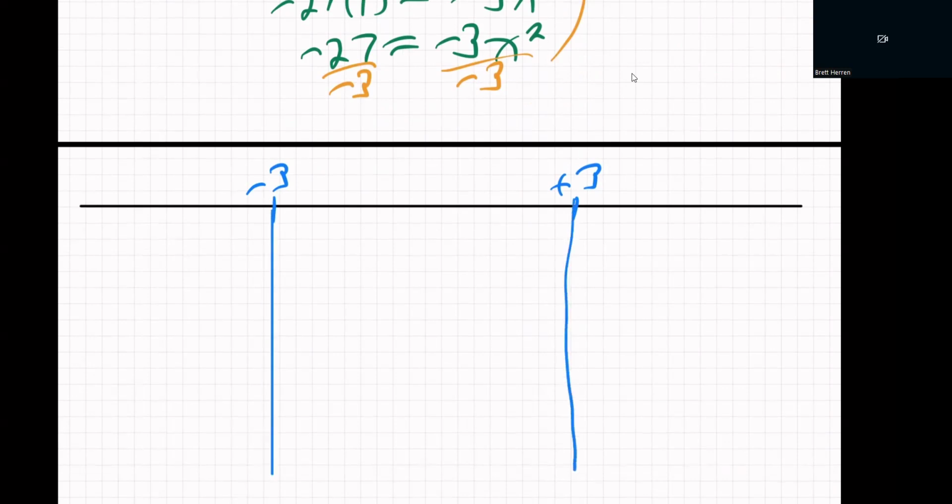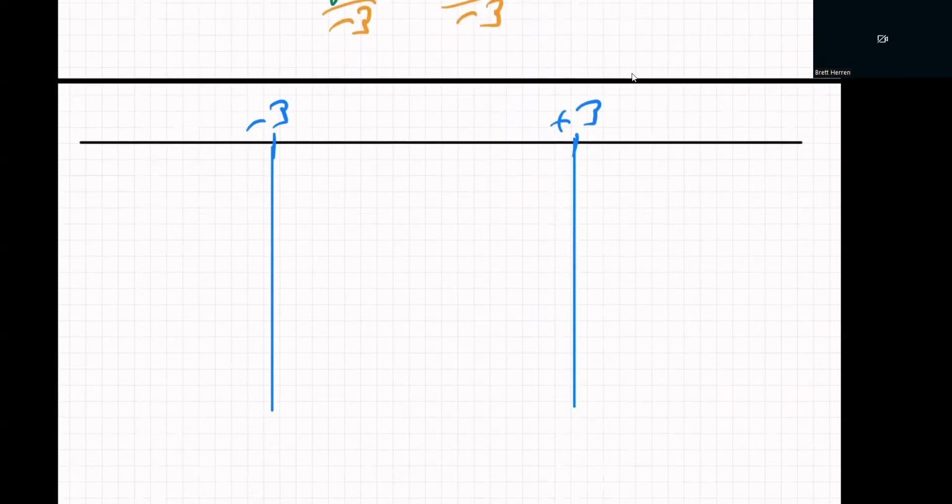We got to find out if those are mins or maxes or what they are. So you got to check in between. I'm going to pick some points to check, like negative 4. I'm going to check in between, like 0. You could do negative 2, negative 1, 1, 2, anything in the middle there. It doesn't matter. And then something to the right, 4.